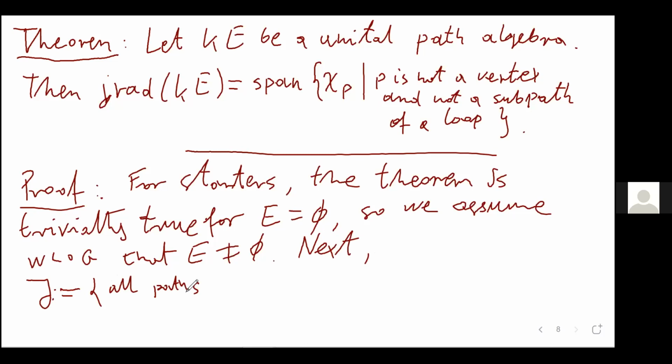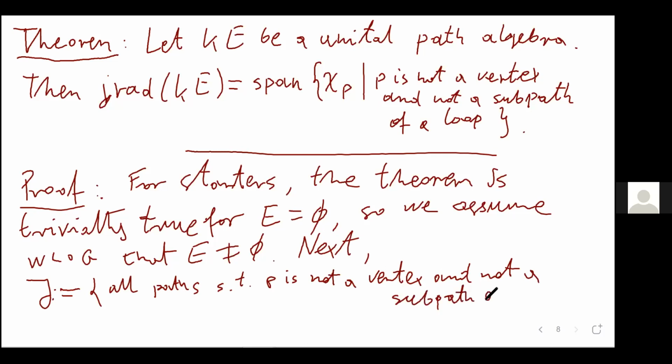All paths such that P is not a vertex and not a subpath of a loop. Okay. So now it will be easier to write certain things. As you can guess, it will be all over the place, this set, as the theorem is basically about this set.